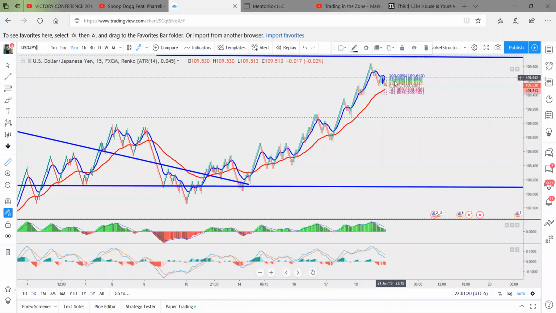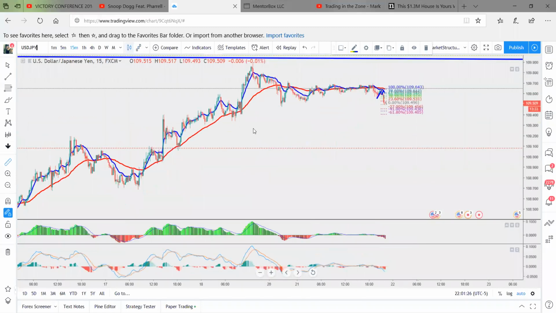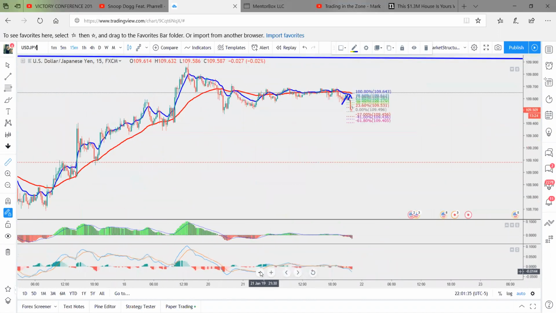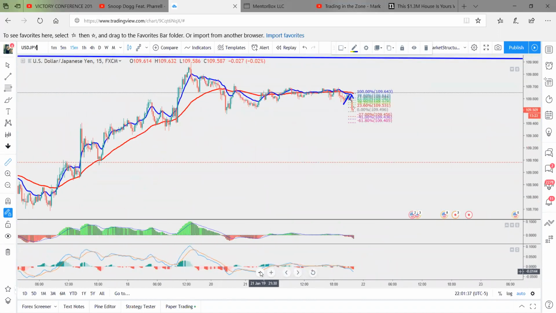UJ hasn't crossed over yet, but once she does, we're home free. Oh, it's crossed over on the candles. That's a good sign. But I use the Renkos for a definite.